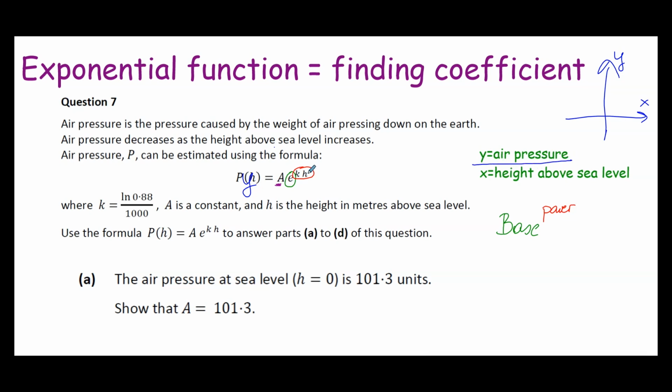And then x is the letter h, because we are told that k is a number and they are giving us a number. A is a constant, meaning a number, and h is the height in meters above the sea level. So that's the value of x. So y is the air pressure and x is the height above the sea level. So using this formula, we're going to be answering all those questions.